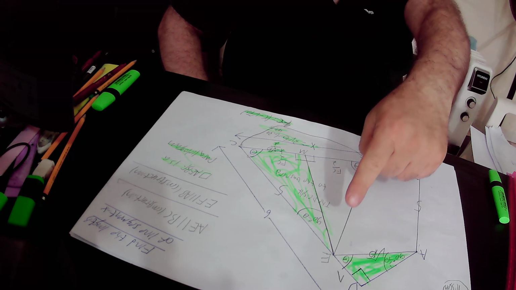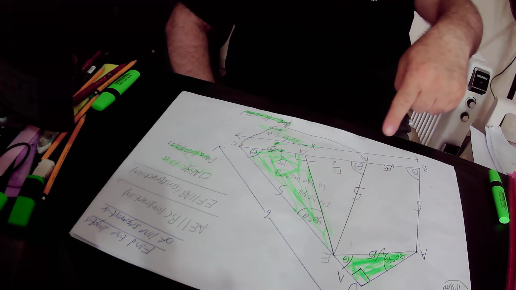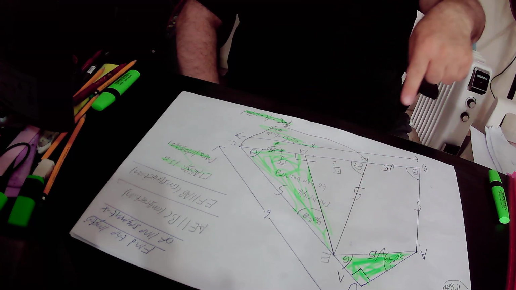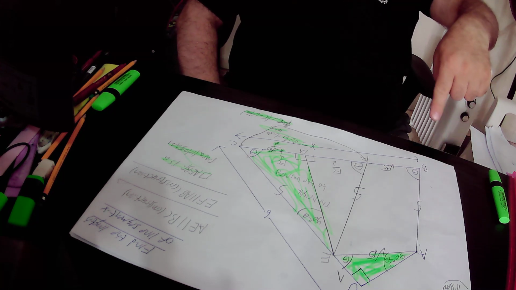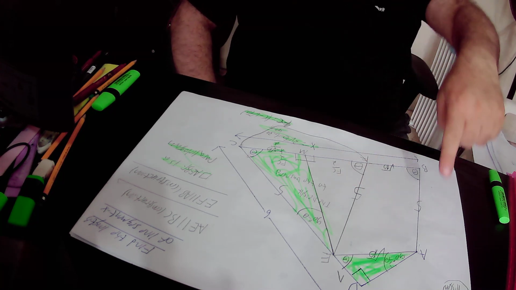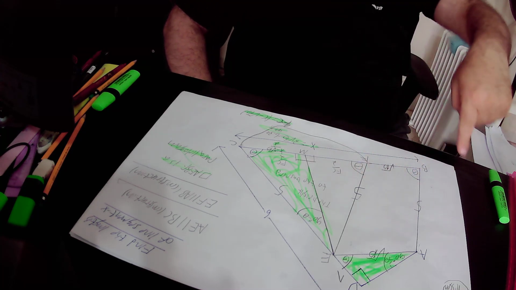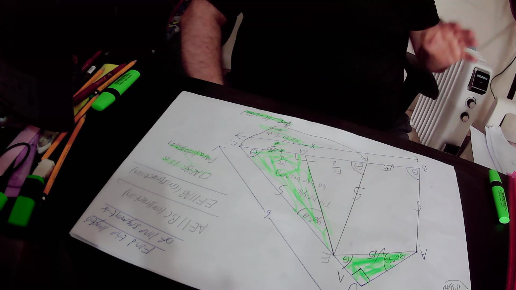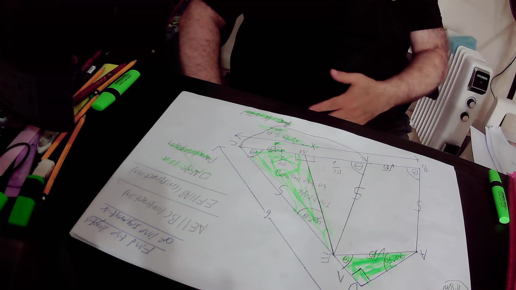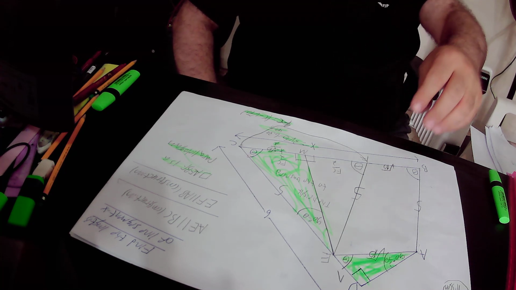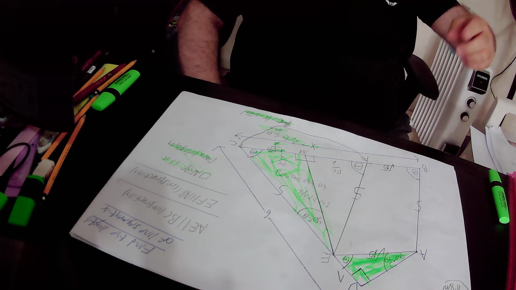Then we did another construction. From point E, we drew a straight line on BC in such a way that EF is parallel to AB. Again, EF is parallel to AB according to our construction, and AE is also parallel to BC, also according to our construction. So we created here quadrilateral AEBF.